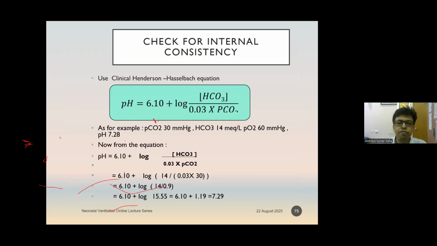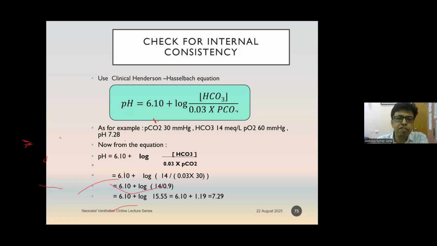First, before estimating acidosis or alkalosis, we have to know whether the machine is giving the correct pH. There are pH, PCO2 and bicarbonate values. Using an online calculator, we can cross-verify the pH from bicarbonate and PCO2 against the pH given by the machine.